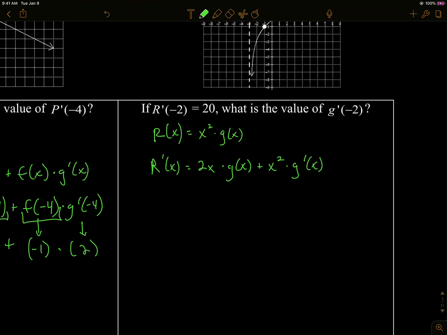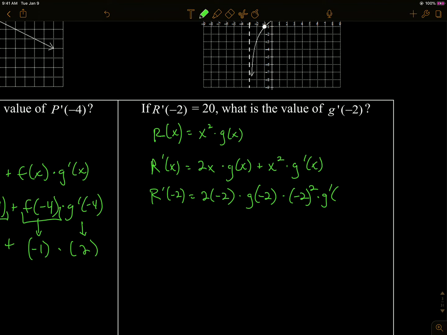So now I know r prime of negative 2 is equal to 20. So I can plug in 20 over here. We'll just write it this way. R prime of negative 2 is going to be equal to 2 times negative 2 times g of negative 2, plus negative 2 squared times g prime of negative 2.